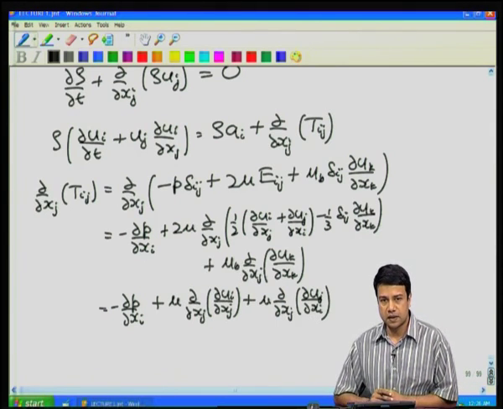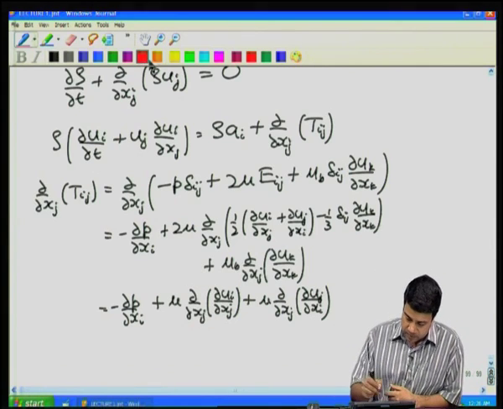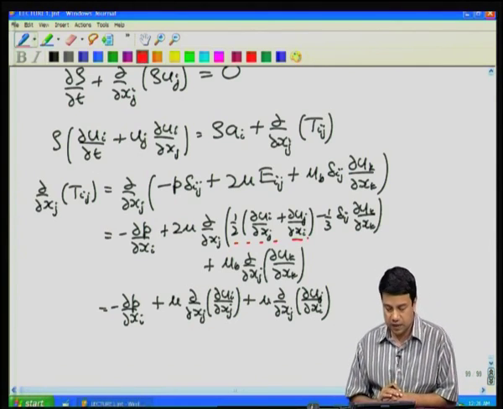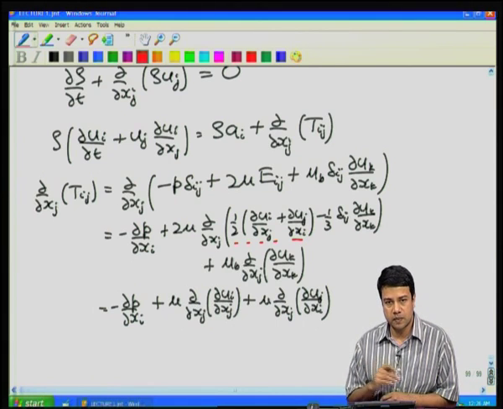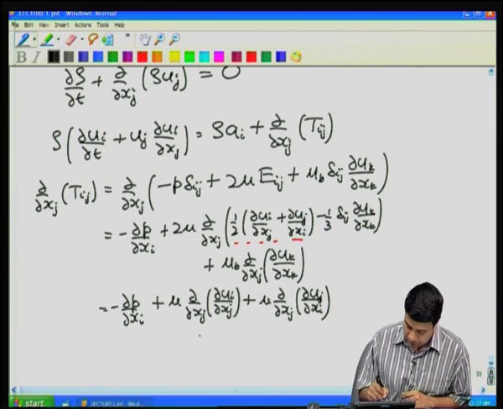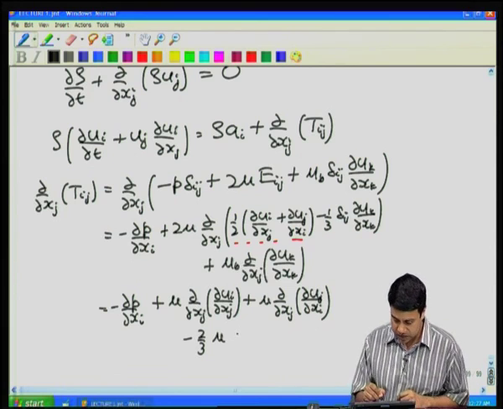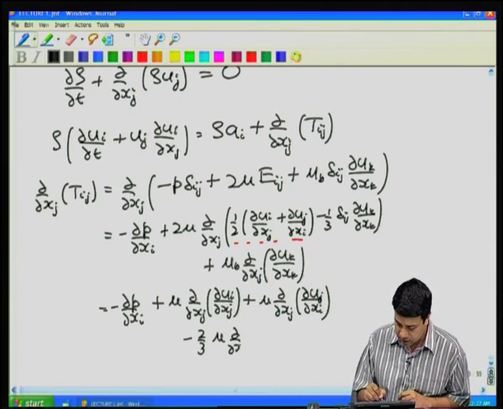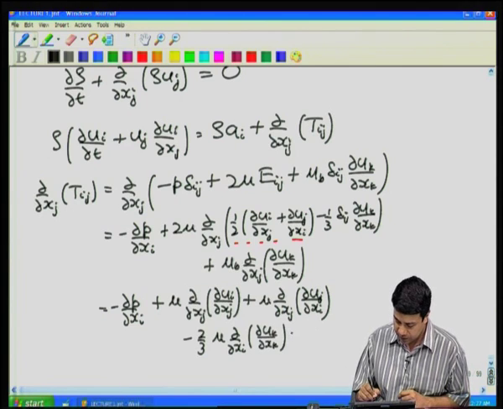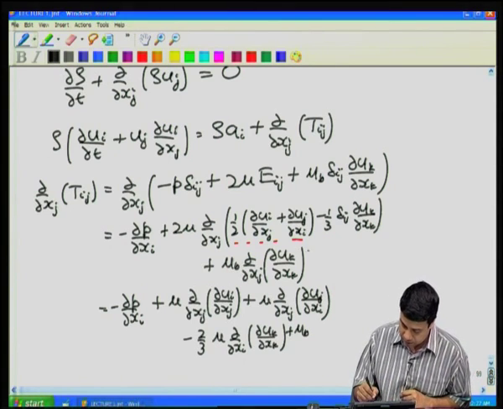So, those are the first two terms in this expansion. Then I have the isotropic part, which is subtracted out to get a traceless tensor. So, this will give me minus 2 by 3 mu delta_ij times partial by partial x_j, which is just partial by partial x_i of partial u_k by partial x_k, plus mu_b delta_ij here.